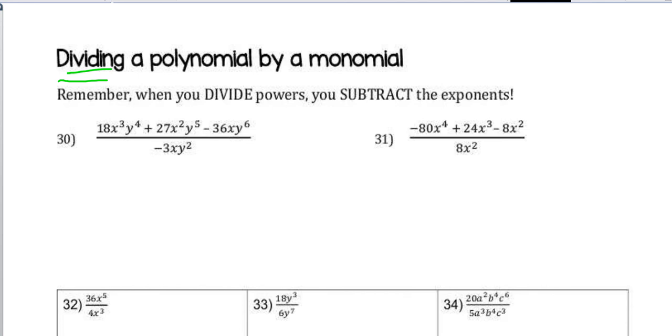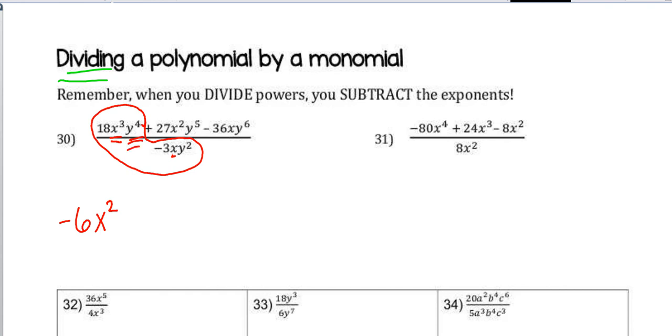So what I'm going to do is I'm going to circle, and I'm going to start with these two terms. We divide our numbers like normal. We subtract our exponents. So I have 18 divided by -3. That is -6. And then I have x cubed minus just x, so I have x squared.